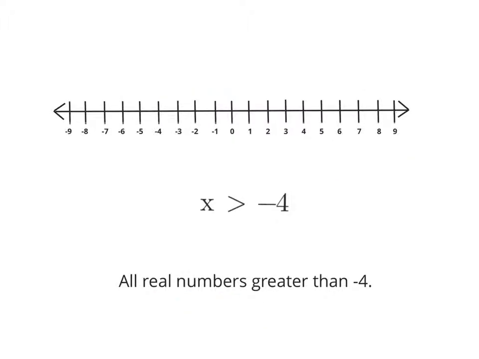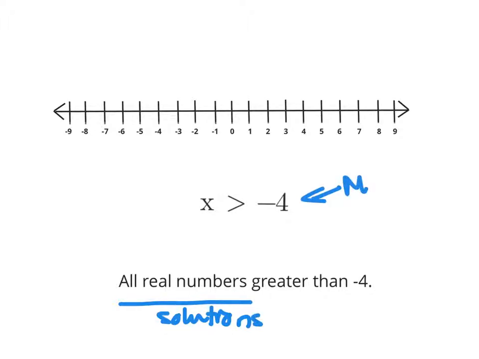In this example, I have x is greater than -4, which also means the solution is all real numbers greater than -4. So my solutions need to be greater than -4, which means -4 is a minimum amount.